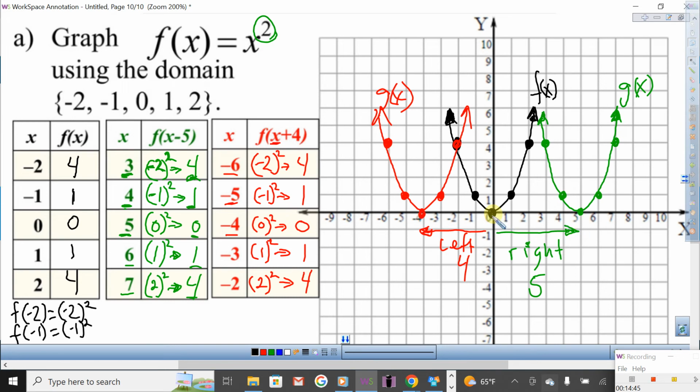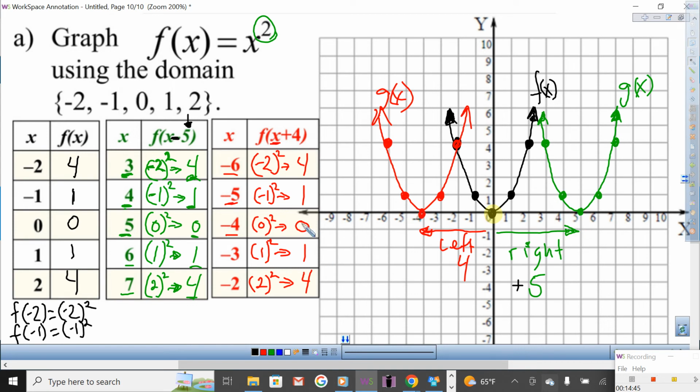The original vertex was at 0, and this one moved to positive 5. Which means, look up, we're not paying attention to this negative here. All we're looking at is this number right there. What is that number? It's a positive 5. That's why we move 5 in the positive direction.